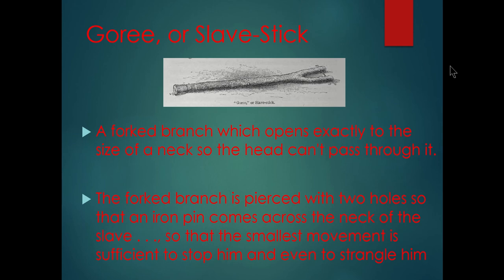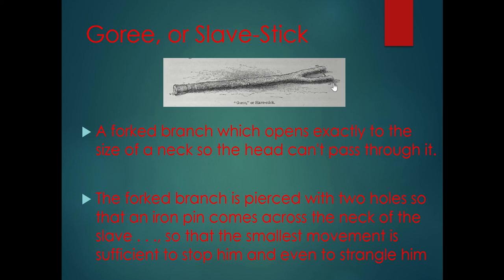All right, so we're going to talk about a gorge, or a slave stick. What this was is a forked branch. You can see it right here. It kind of looks like a fork, and it opens exactly to the size of a neck, so a head cannot pass through it. The fork has a little piece right here, if you can see my pointer, so that the slave cannot get their head through it.